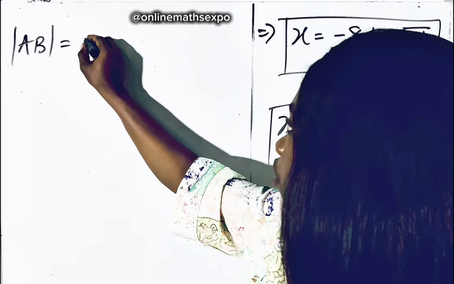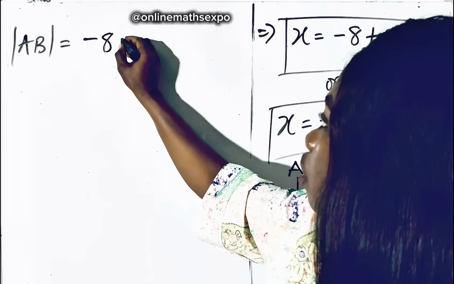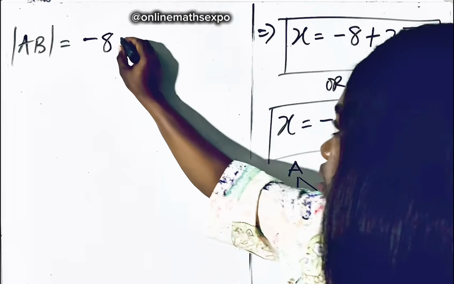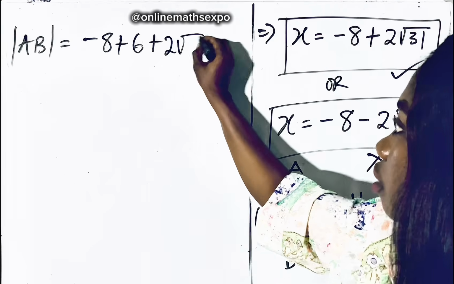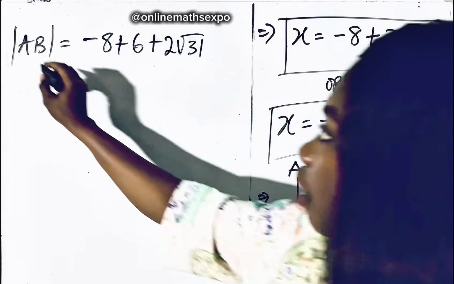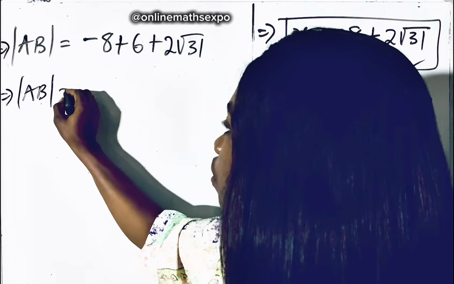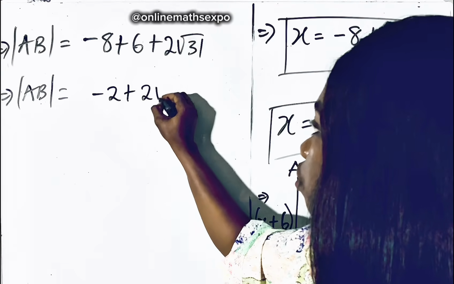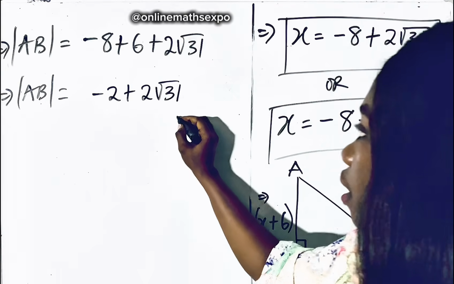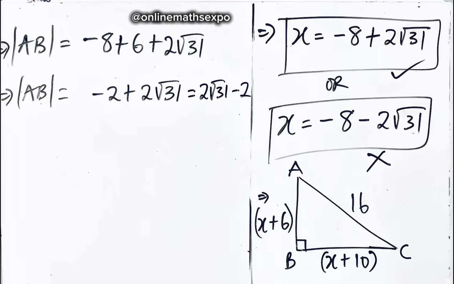Our x is this, so we have negative 8 plus 6, then plus 2 root 31. If you simplify that, we are going to now have length AB is equal to, add this up, it gives you negative 2 plus 2 root 31. And this is the same as 2 root 31 minus 2.